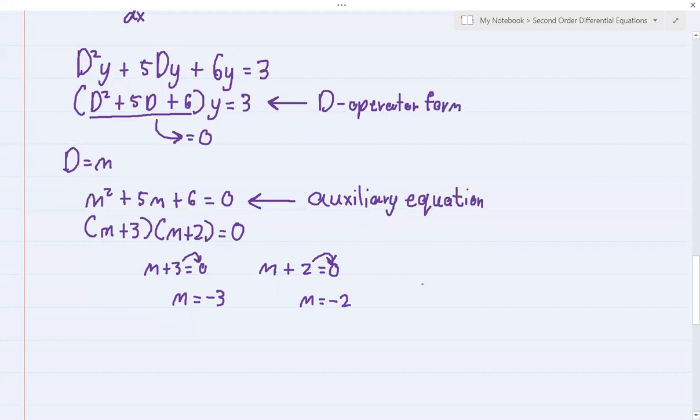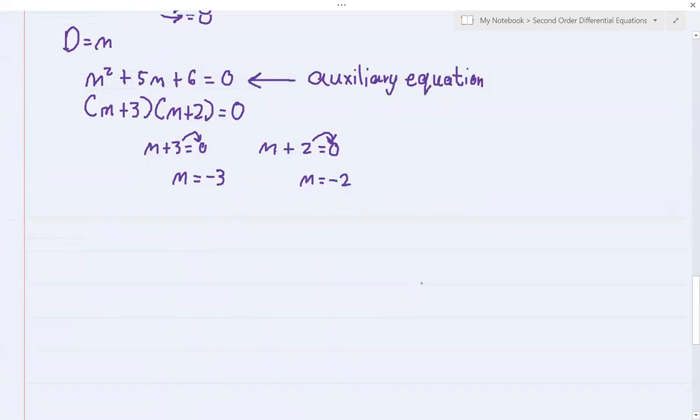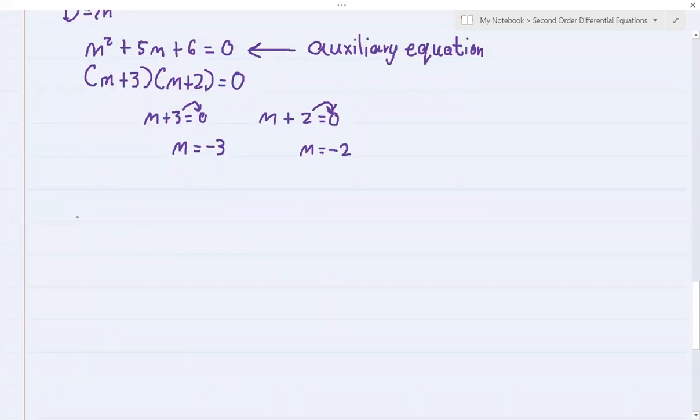If they are both different from each other, then your general solution for your u is a times e raised to small a x plus b times e raised to small b x.